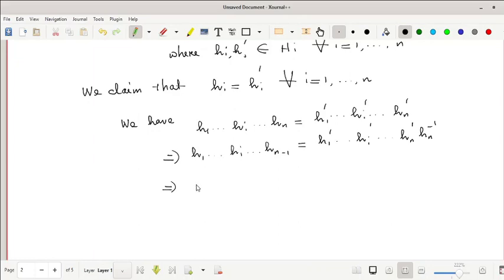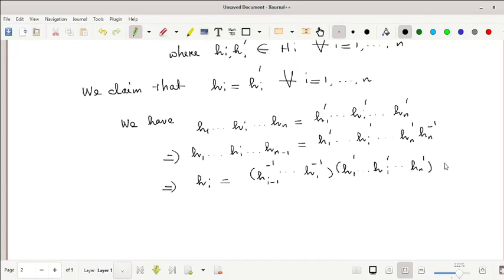I will get Hi is equal to, you will get from the left side Hi minus 1 inverse dot dot dot H1 inverse Hi prime, H1, H2, H1 prime, Hi prime, Hn prime.